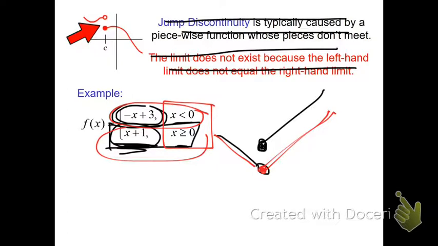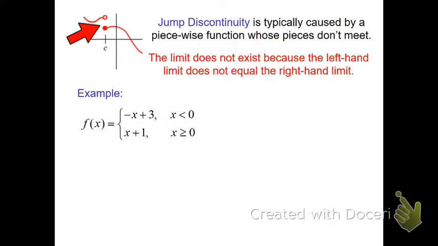So how am I going to do that? To find the height of the left piece, plug in this 0. To find the height of the right piece, plug in this 0. And then we'll know whether or not they're meeting at the same spot. So let me erase all of this. Plugging in the 0 to the left piece, I get 3.